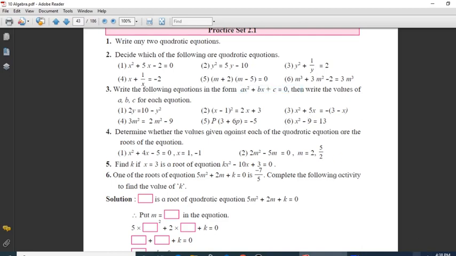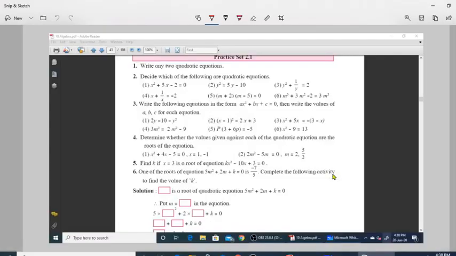We will take some questions from this, for example, this question number 1. 2y, this is minus y square. So here I can bring this minus y square to the left hand side. It will become plus y square.